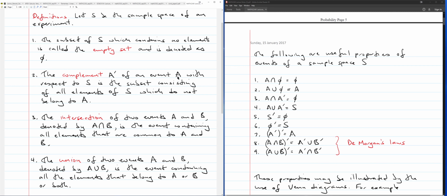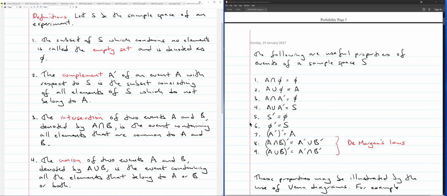The complement of A is the set of all elements of S that do not belong to A. That's the definition. Now, what I'm looking at is S complement.